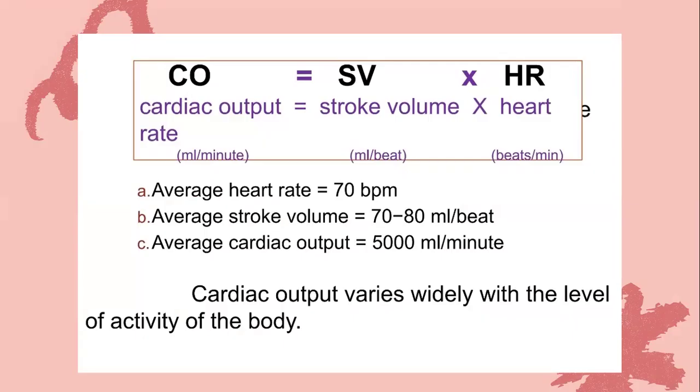As we talked about in the previous session, the average heart rate is about 70 beats per minute, the average stroke volume is about 70 to 80 milliliters per beat, and the average cardiac output is 5 liters per minute. But that is not a constant amount. Cardiac output varies widely with the level of activity of the body.